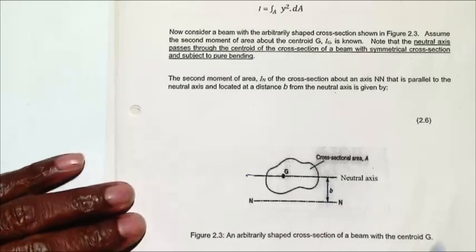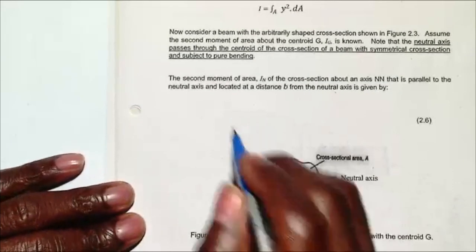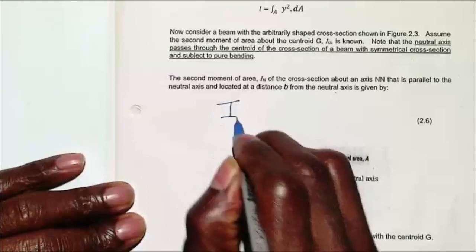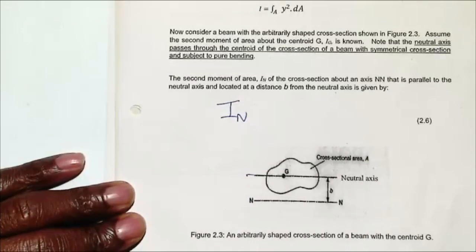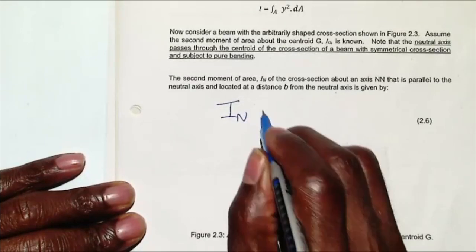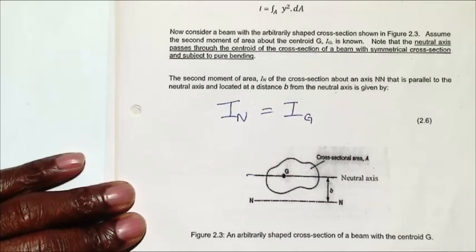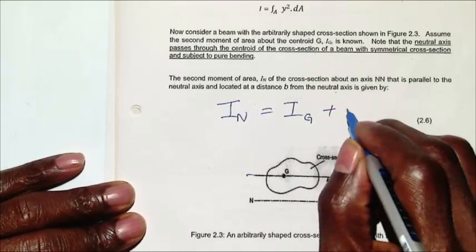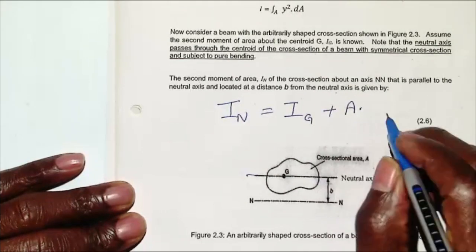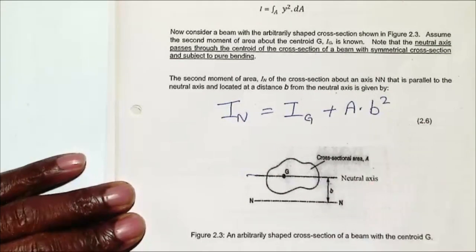And what is called the parallel axis theorem, because the two lines are parallel, says that the second moment of area along the new line is the second moment of area through the neutral axis, which we can find, plus the area of the cross-section times b squared.